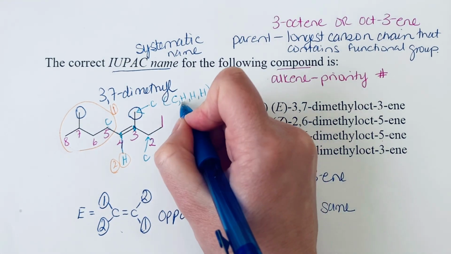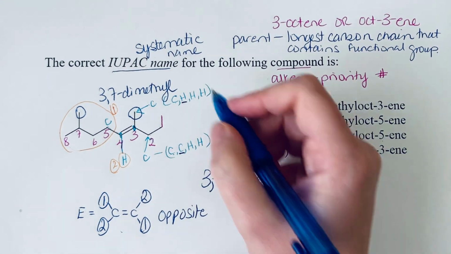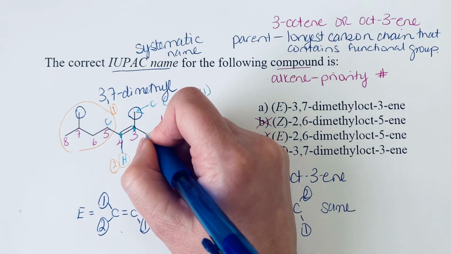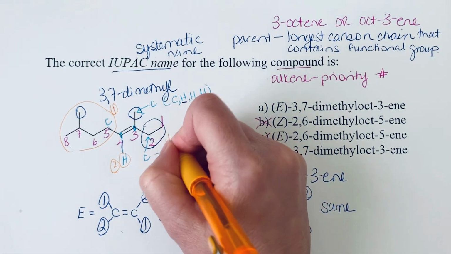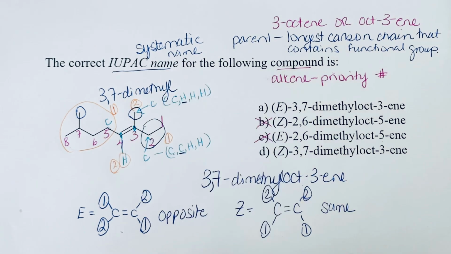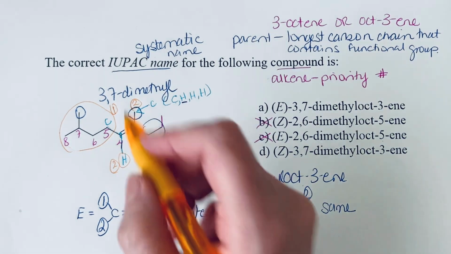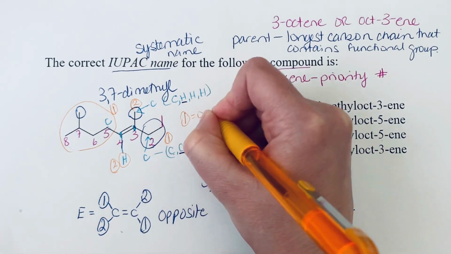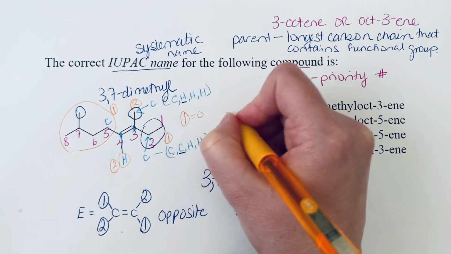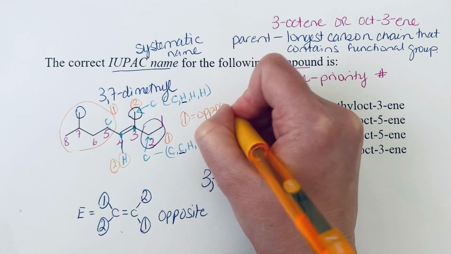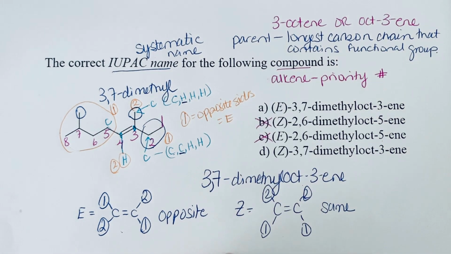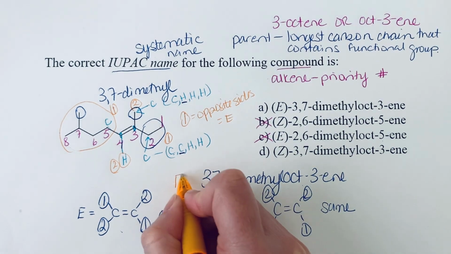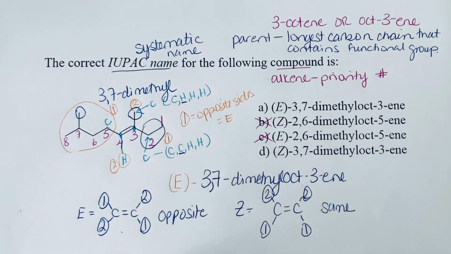I go to the next atom, I see hydrogen, carbon. And here's my point of difference. That means that this group here pointing down is your higher priority, and this group that's pointing up is your lower priority. So we see that these are on opposite sides. So we have our priority ones on opposite sides. So that means E. So to complete our name, we would put the E out in front. So that means that this is option A.